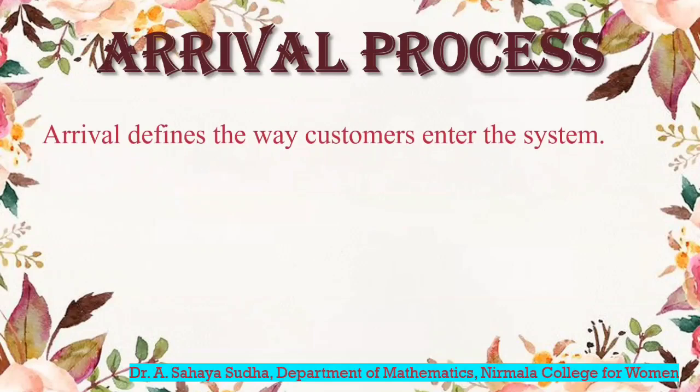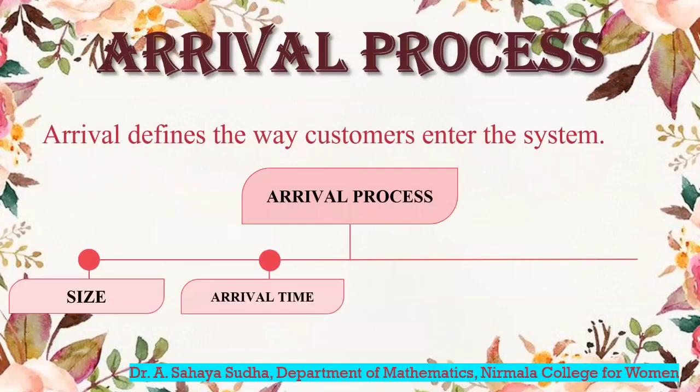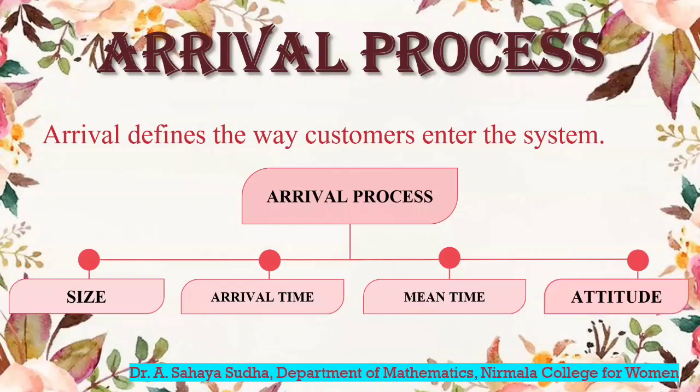Arrival process defines the way customers enter the system. It is categorized by its size, arrival time distribution of customers, mean time between intervals, and the attitude of customers.